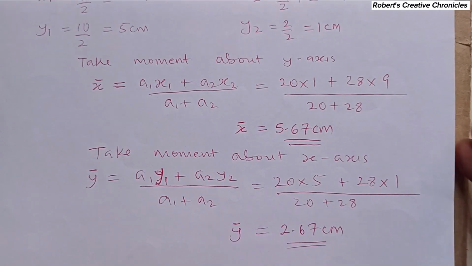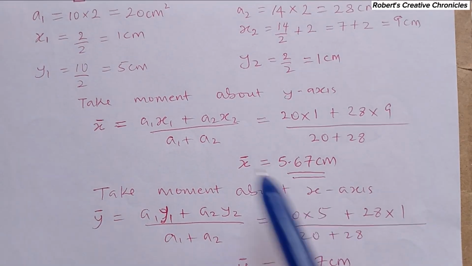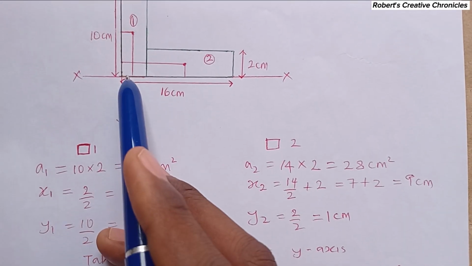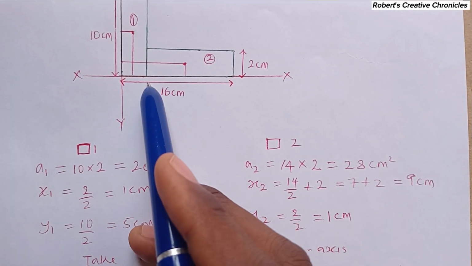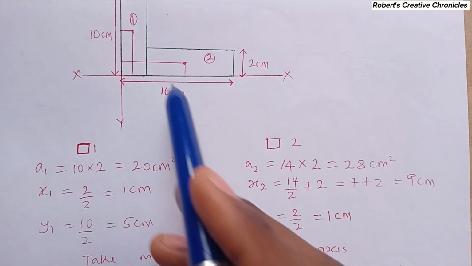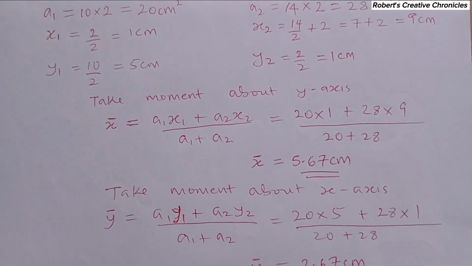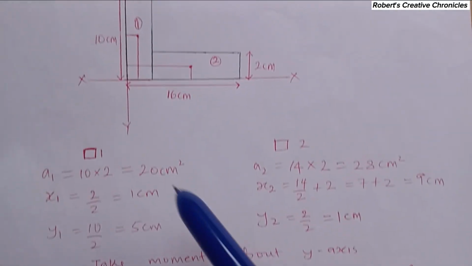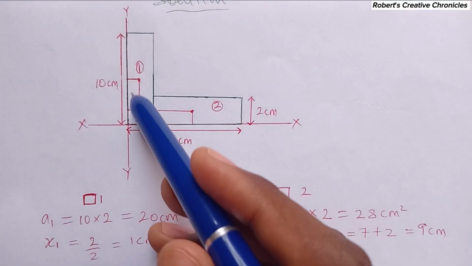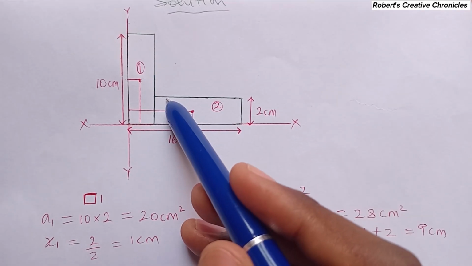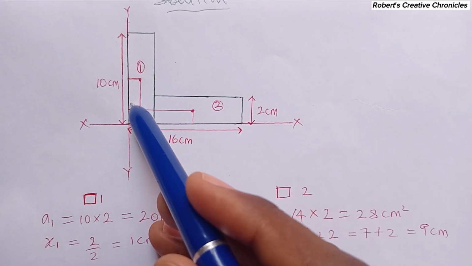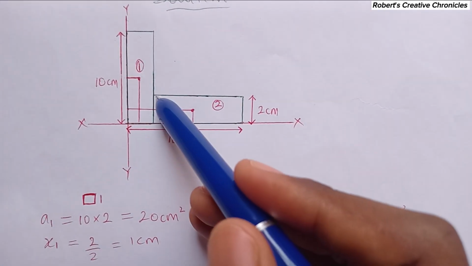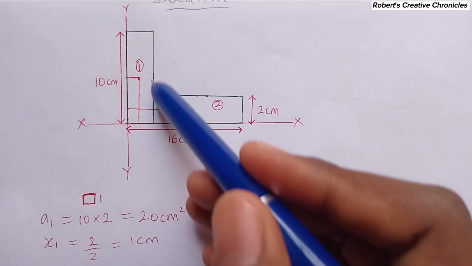So now that means the center of gravity lies here. It will be 5.67 on the x-axis, from 0 to 5.67, somewhere here. Then on y it is 2.67. Since here is 2, it will be above 2.